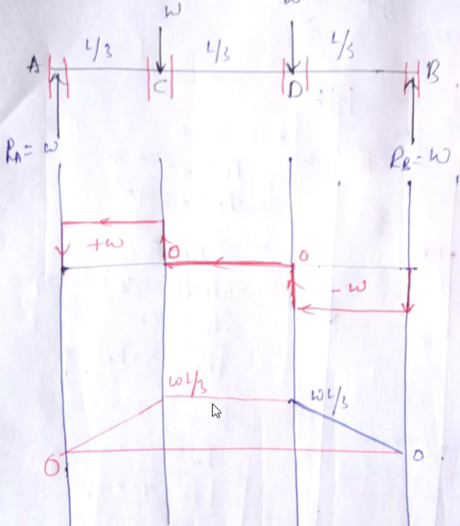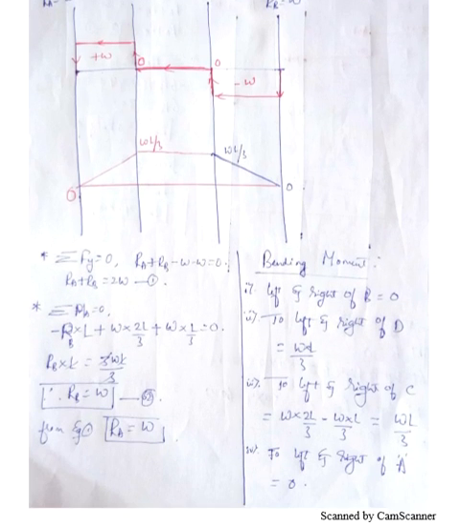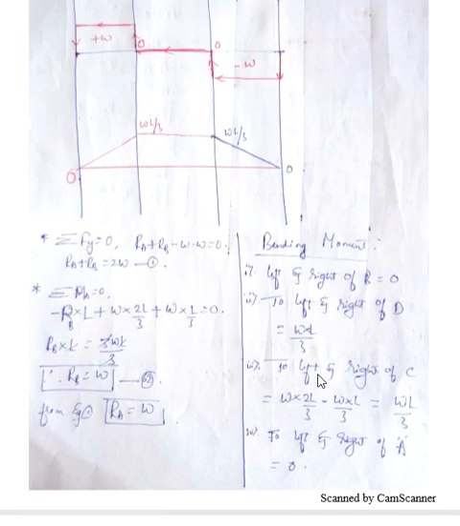This is the bending moment diagram. Whatever calculation we need to show, I have shown it above here. You can go through this, but since it is a small diagram, I have explained it in the next slide. Whatever I have said, the same thing I have written here.